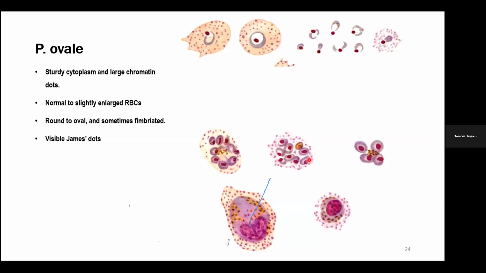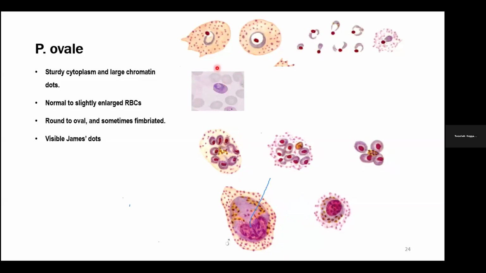Also, if you compare with P. vivax, we see that it also enlarges cells, but the merozoites are a match. Even the gametocyte of P. ovale is differentiated by the oval-like nature of the infected red blood cell and the coarse James's dots.